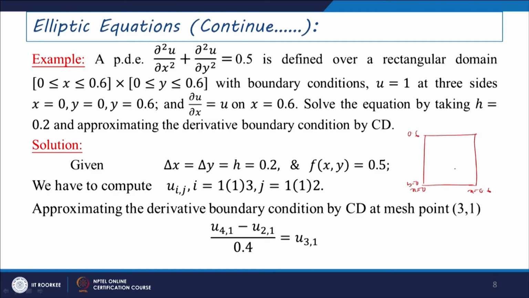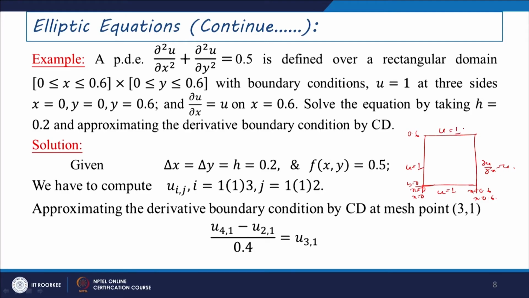So this is a closed domain, and the boundary conditions are written for 3 sides, x equals 0 and x equals 0.6, where we have del u by del x equals u, and at y equals 0. So this boundary we can consider as u equals 1 here, this one u equals 1, and this one u equals 1 here.